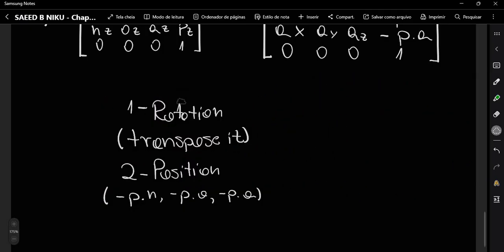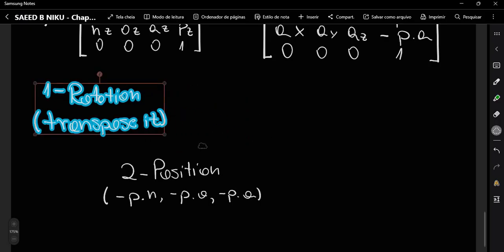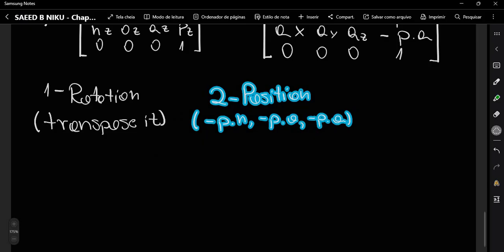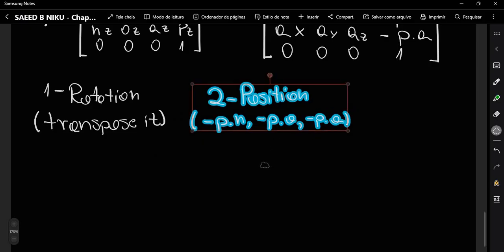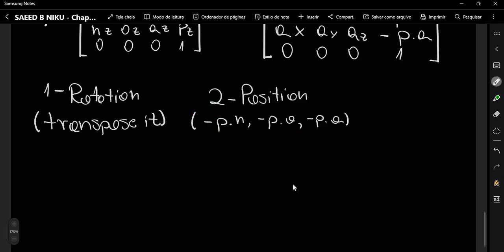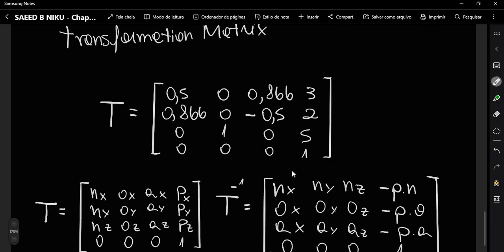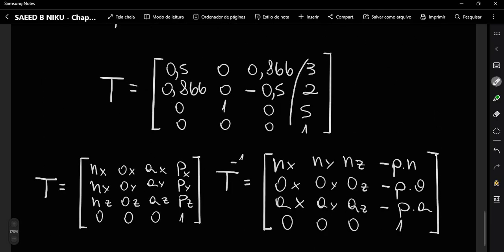So we need to transpose the rotation part and calculate the negative scalar product between the vector P and the unitary vectors n, o and a, and this column points to us the position of the vector of the point.